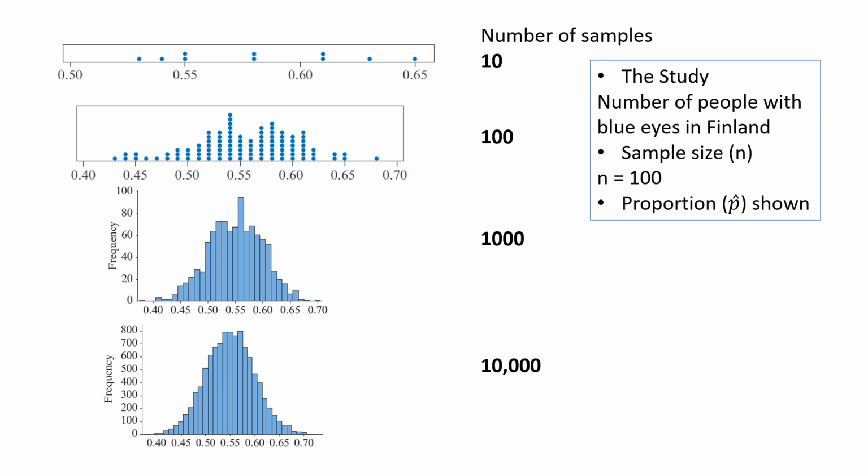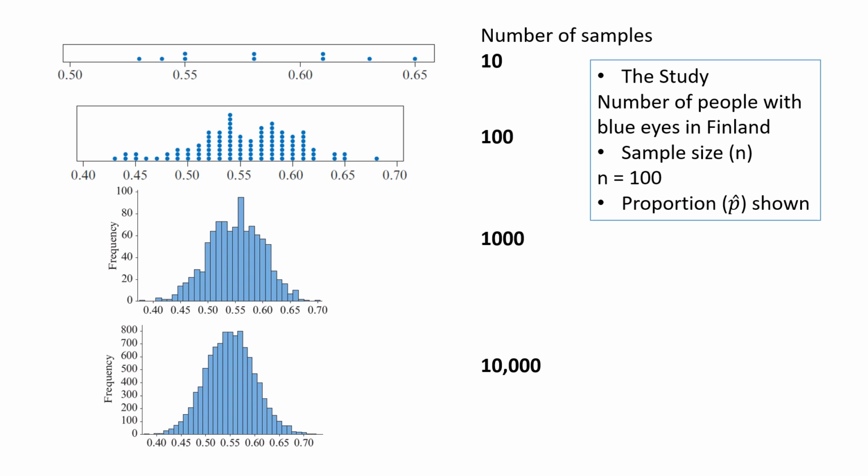Let's go now another order of magnitude, 1,000, and you can see a much better picture is emerging. We're getting clearly quite a clustering around that 0.55, and so we can have some confidence that the more samples we have of size 100, it's going to start to center around P, the actual proportion of people in Finland who have blue eyes.